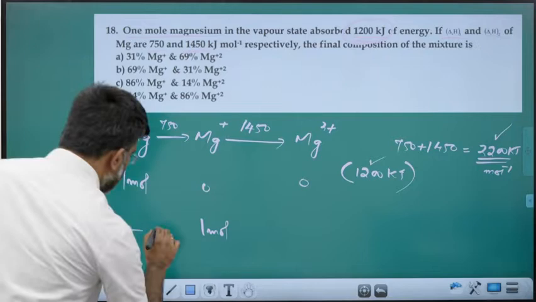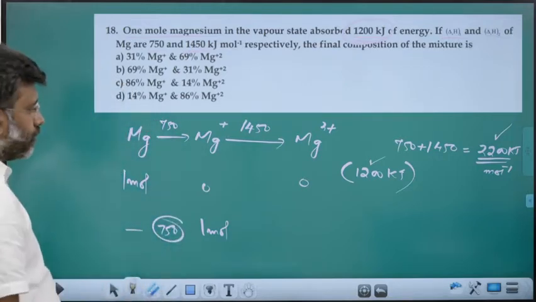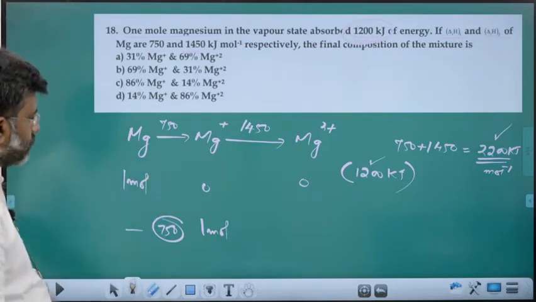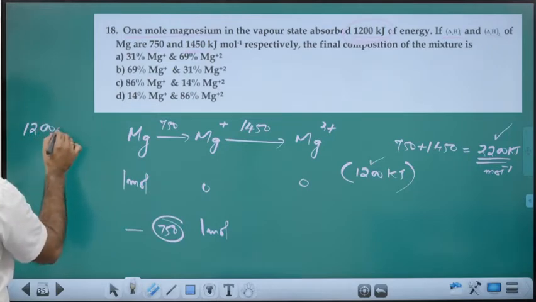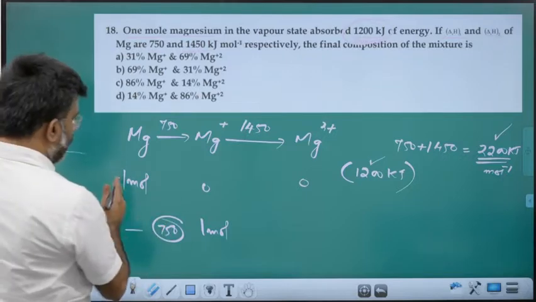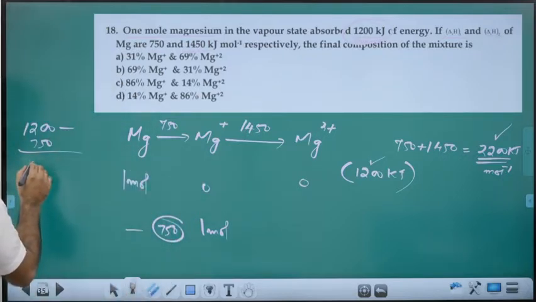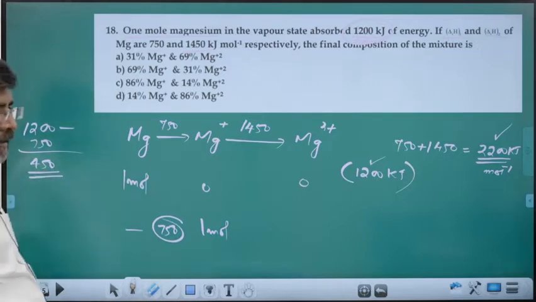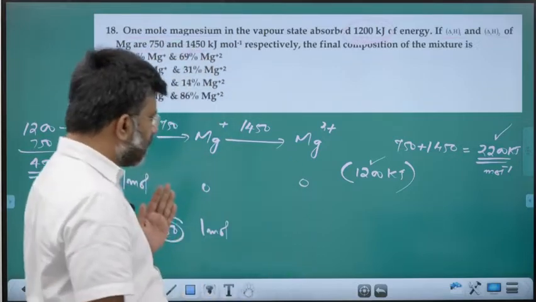The consumed energy is 750 because 1 mole converted to 1 mole. So how much is remaining? Out of 1200, 750 consumed, so 450 remains.